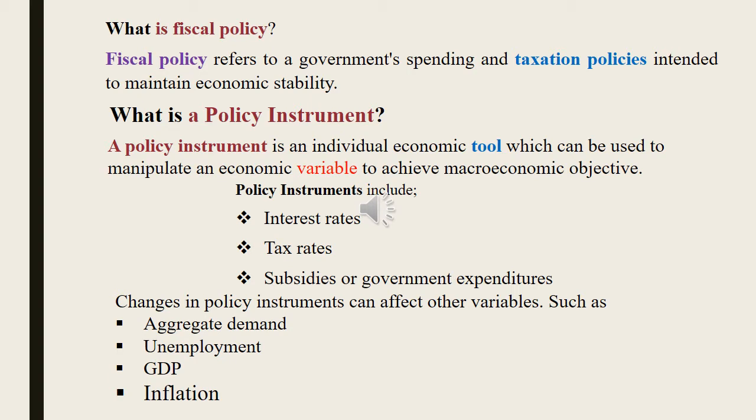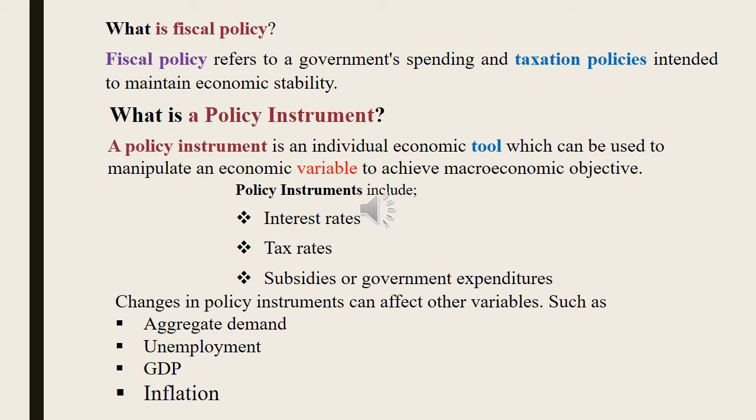Now, what are variables? Variables are rate of interest, rate of taxation, and level of government expenditure. There are some other variables in the economy, but these variables generally can be found in an economy. When the government changes these variables directly or indirectly, it can affect other variables.